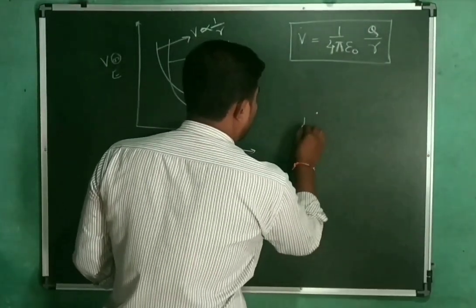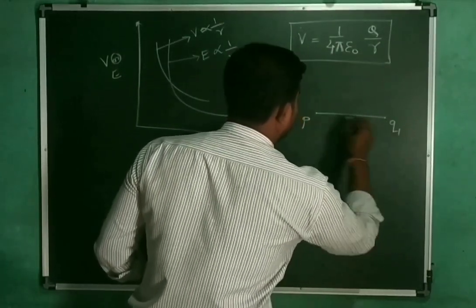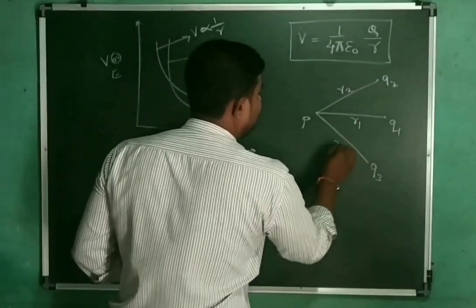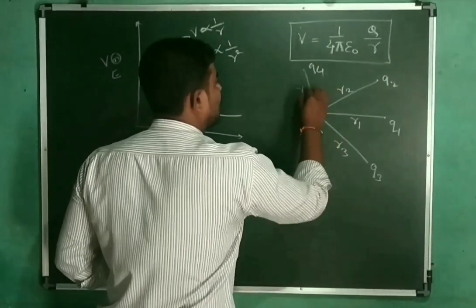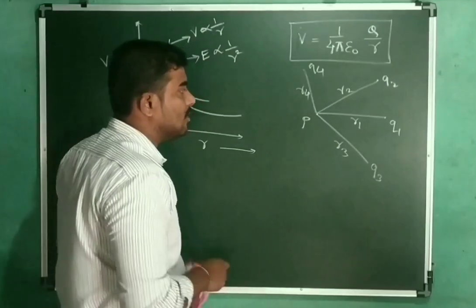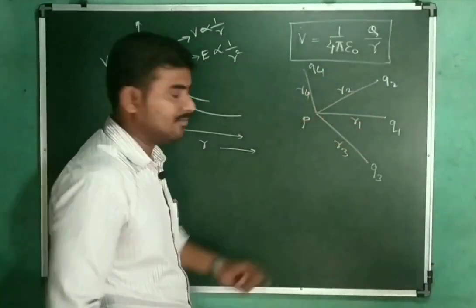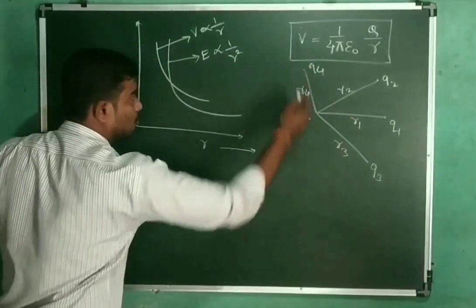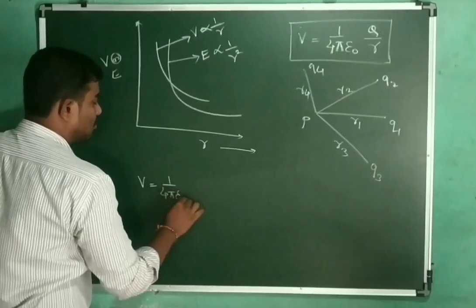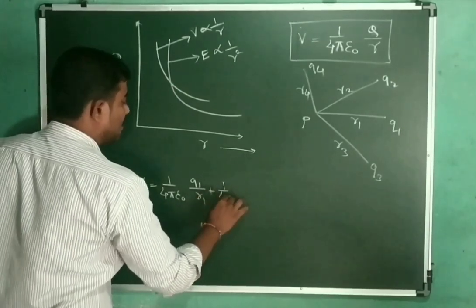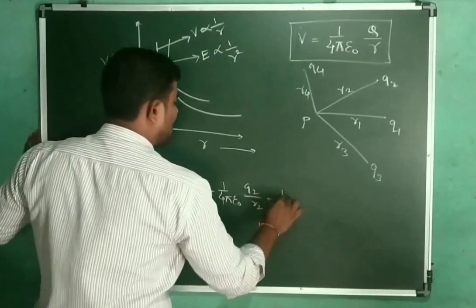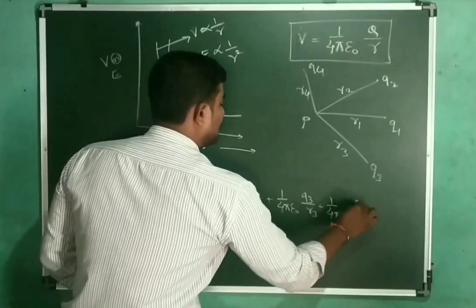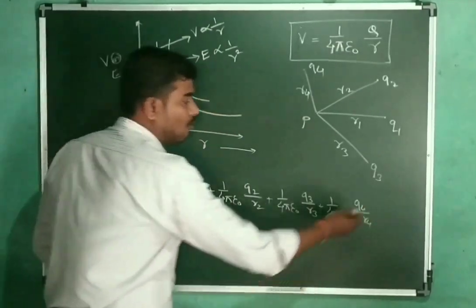Consider a point P, and this is one charge Q1, this is another charge Q2, this is Q3, located at certain distances R1, R2, R3, and this is Q4, located at a distance of R4 from point P. If asked to calculate the electric potential at point P due to all these charges, then the potential is 1 divided by 4 pi epsilon naught Q1 divided by R1 plus 1 by 4 pi epsilon naught Q2 divided by R2 plus 1 divided by 4 pi epsilon naught Q3 divided by R3 plus 1 divided by 4 pi epsilon naught Q4 divided by R4. If n number of charges are there, you can go on adding.